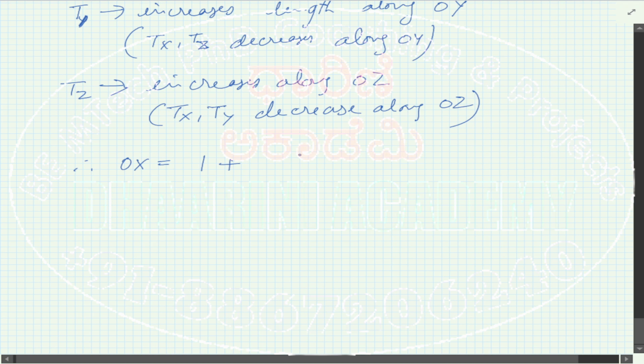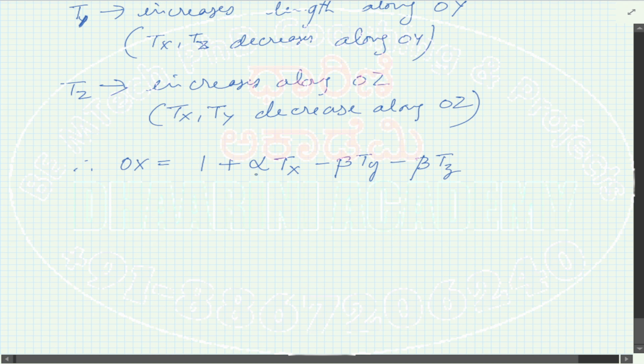Plus, let's now write the change along the x-axis, which is controlled by alpha times Tx. What is Tx? The tensile stress along the x-axis. This is trying to increase the length, whereas along the y and z axes there is a compression, so I write minus beta times Ty minus beta times Tz.